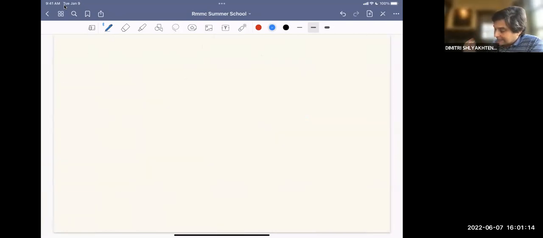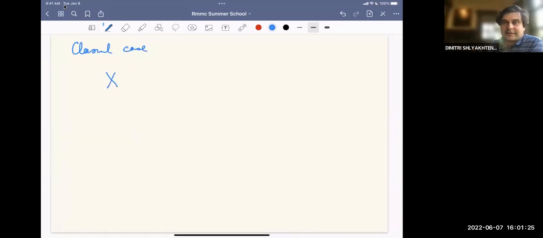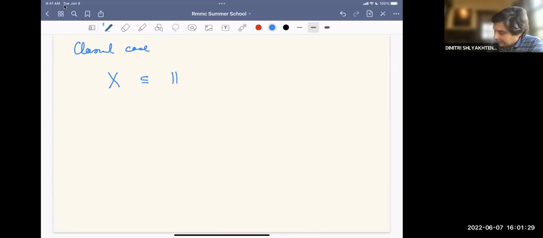So let me ask first the following question. Suppose you are in the classical case. So in the classical case, you have some sub variety, sub manifold, subset, whatever, inside, let's say R^n. So you have some algebra of functions, let's say continuous functions on X, or maybe measurable functions on X with respect to some measure.